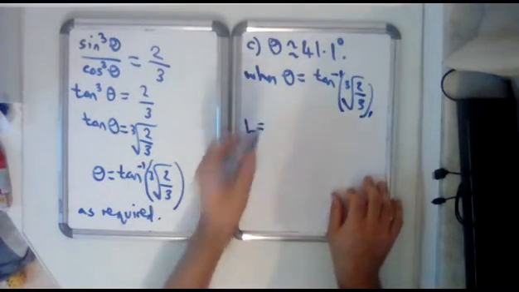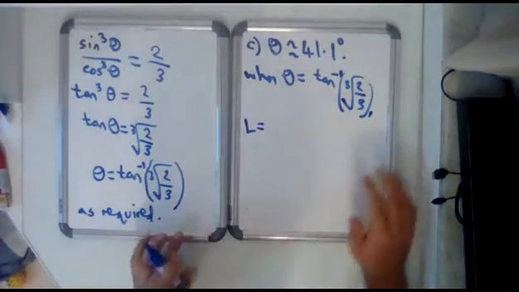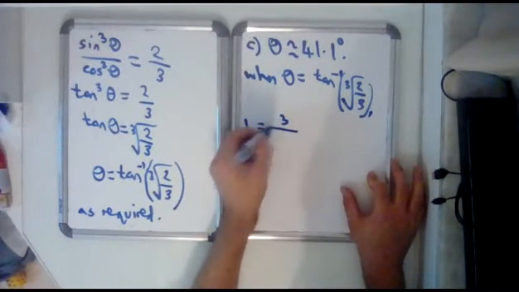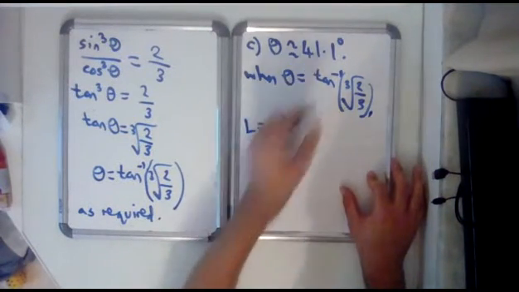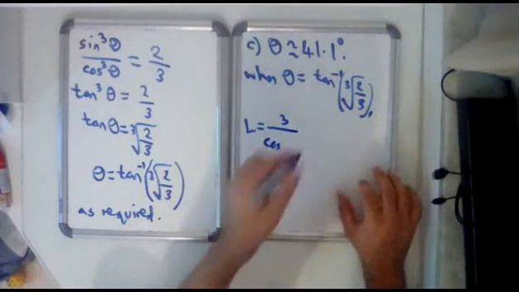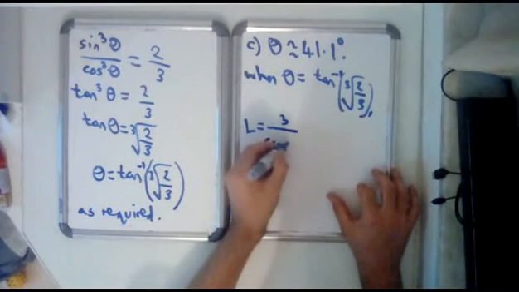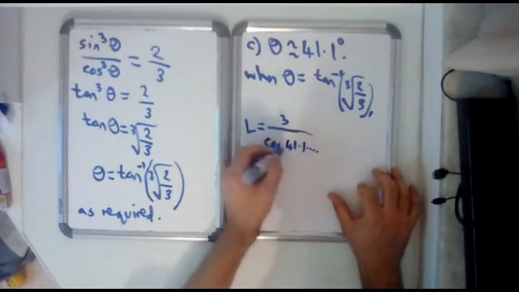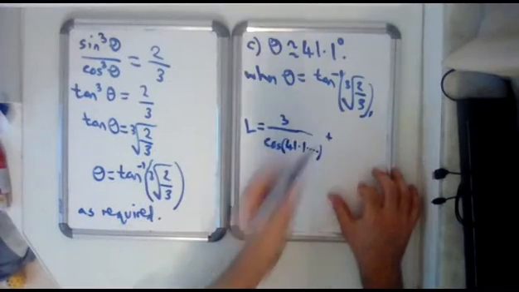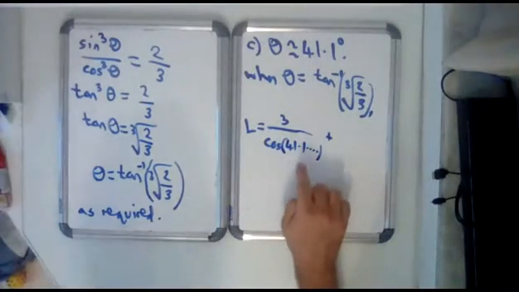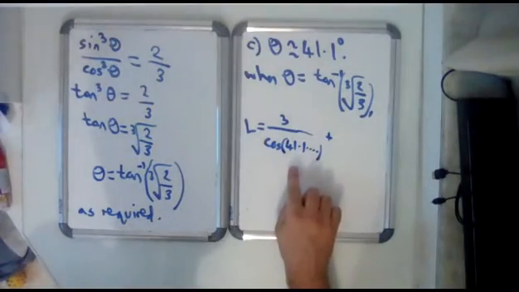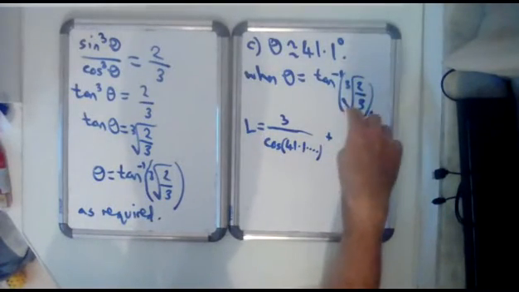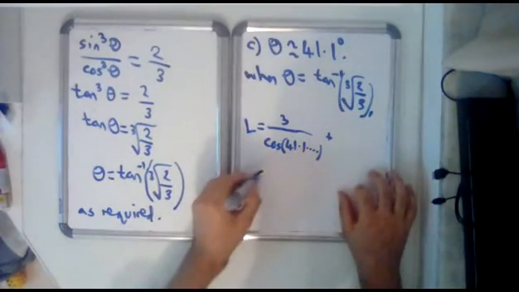L equals, remember, L equals 3 over cos theta plus 2 over sine theta, so 3 over cos, and I'm going to write 41.1 in because I don't want to write this all the time, but you should certainly not, if this is in a paper, do not just write 41.1. You either need to write the whole exact thing in, or even better, just use your ANS key.